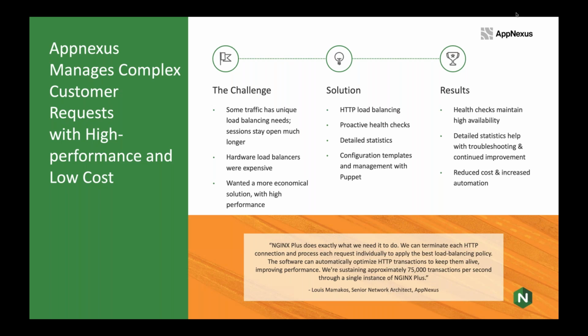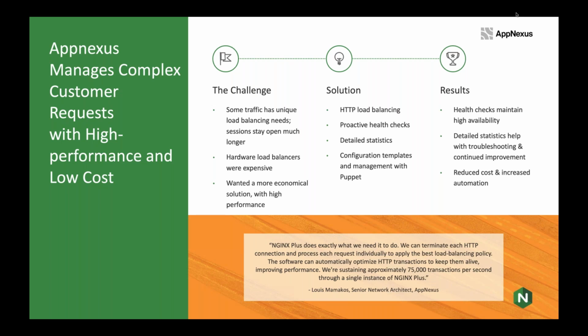They also got the benefits of the detailed statistics. The business is very data intensive, and they need to uncover errors quickly with the detailed statistics from NGINX Plus. And they can troubleshoot and continuously improve their business and business processes and the actual infrastructure that they're using.